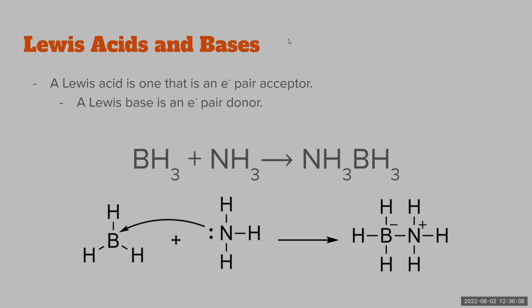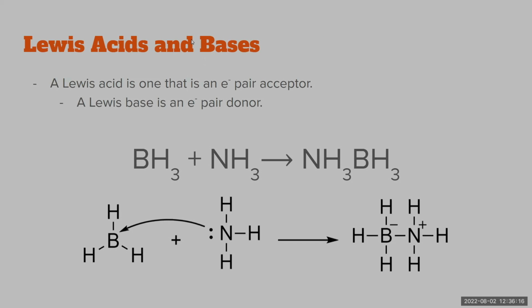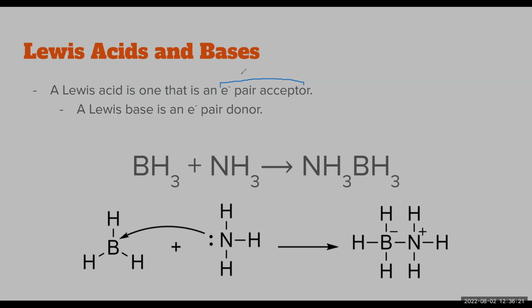So a more formal way, I guess, to represent an electron pair acceptor is that we can write the Lewis acid is going to function as the electrophile. In other words, the suffix -phile means lover.